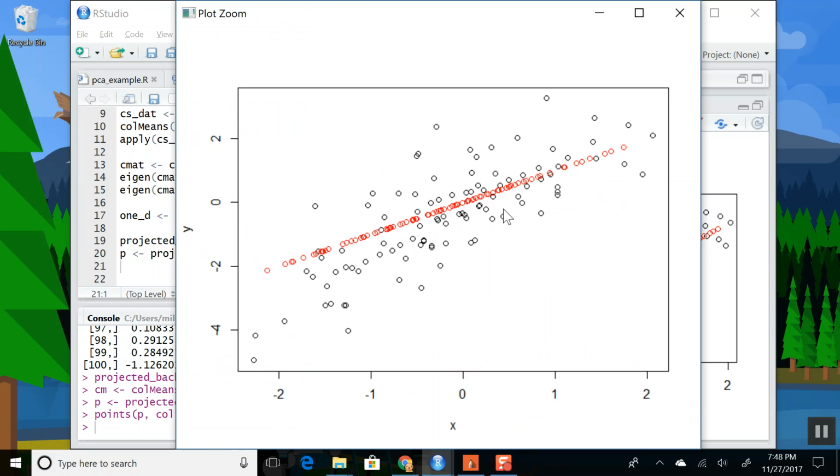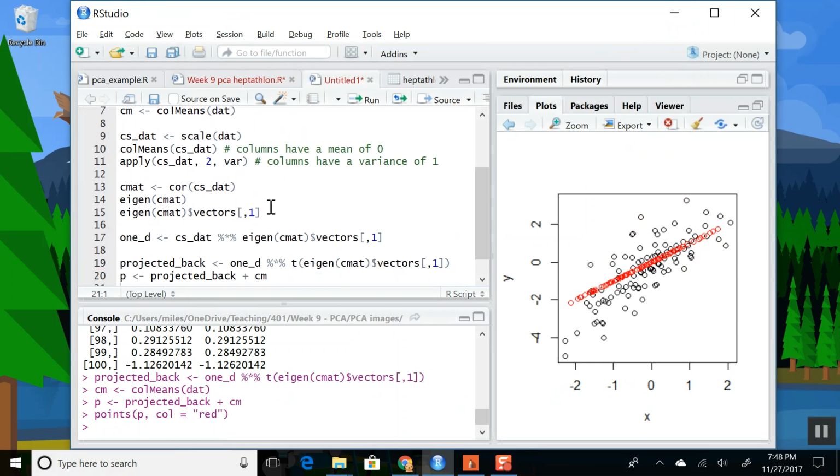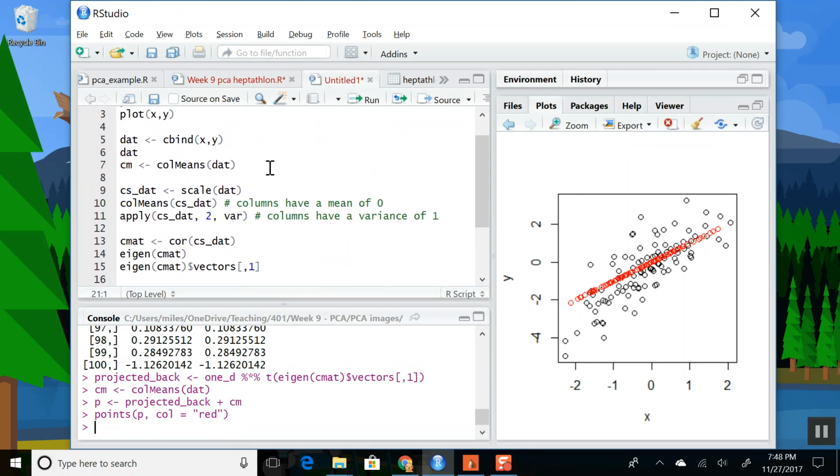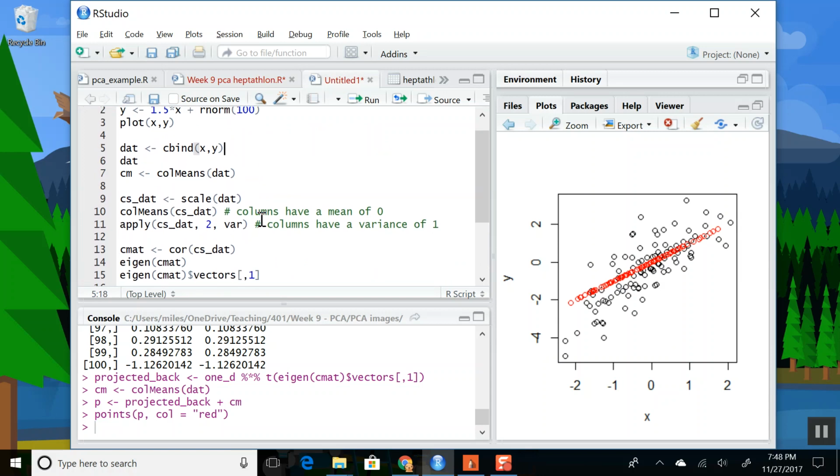Oh, maybe I did not scale this correctly back. I've got to multiply it back by the scale. Sorry. Here, let's just plot our scaled data, X and Y.